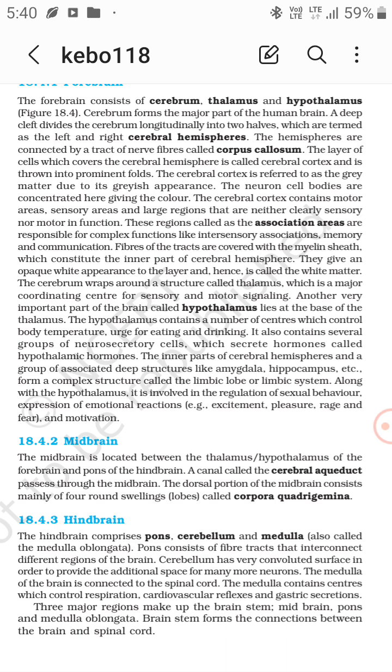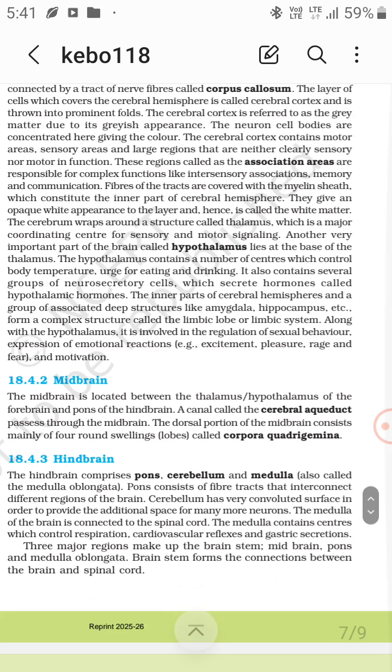These are hypothalamic hormones. Now the inner parts of the cerebral hemispheres and a group of associated deep structures like the amygdala and hippocampus form a complex structure called the limbic lobe or limbic system. Along with the hypothalamus, these function in regulation of sexual behavior, expression of emotional reactions, excitement, pleasure, rage, fear, and motivation.